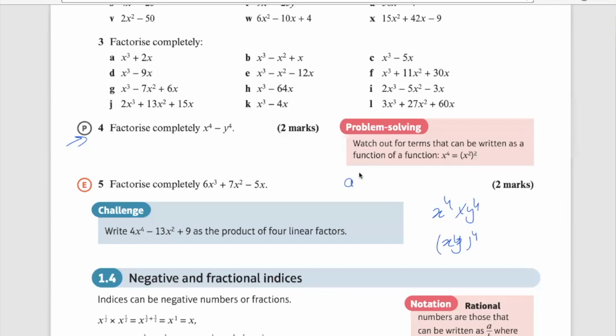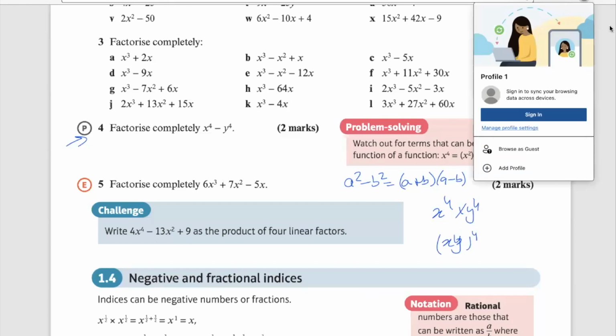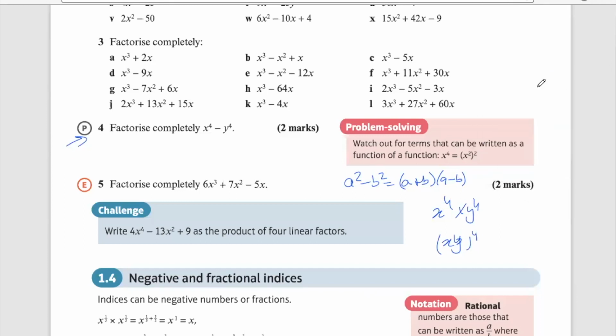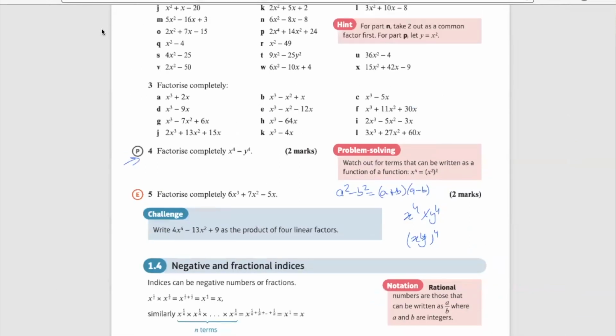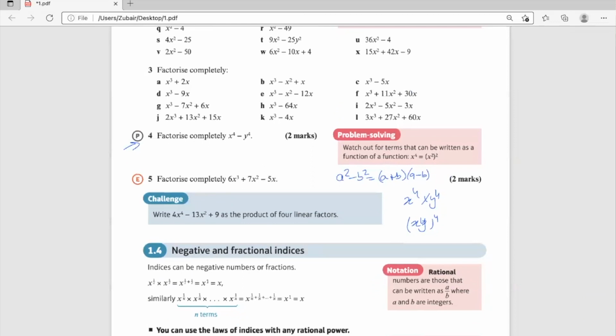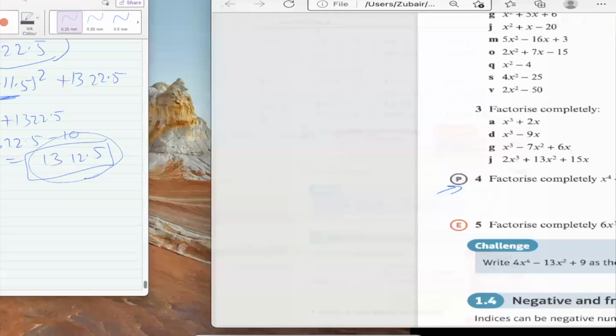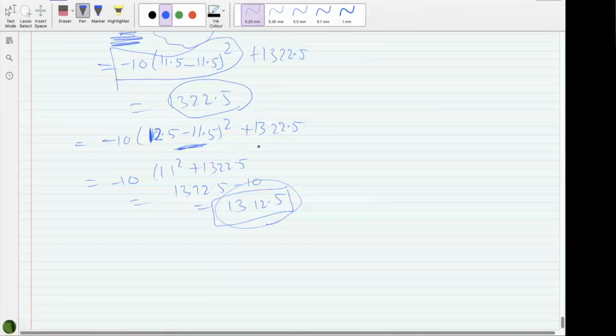Do you remember this? a square minus b square was equal to a plus b times a minus b. First of all, you have to remember this. Do you remember this algebraic expansion? If not, I'll write all these three.